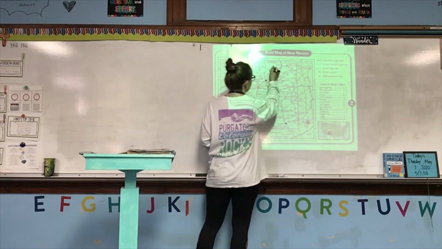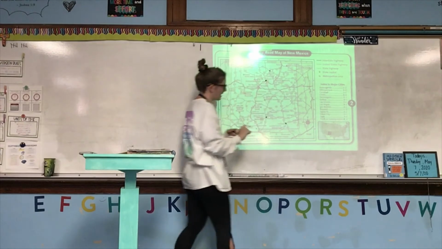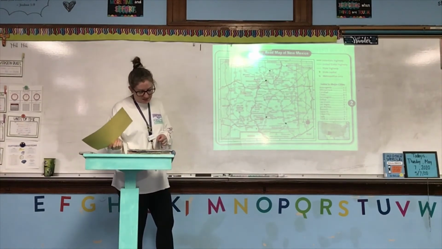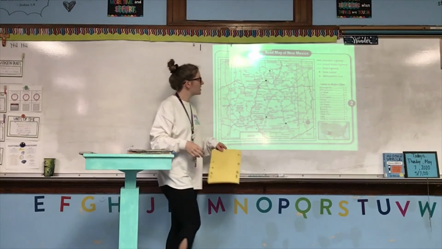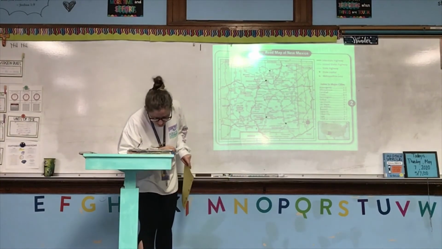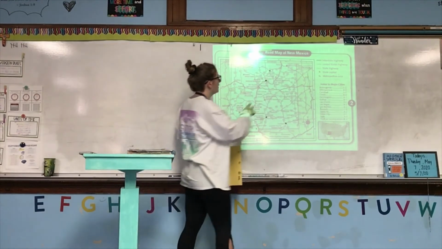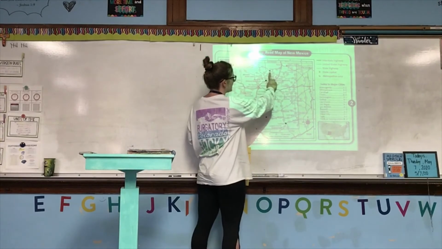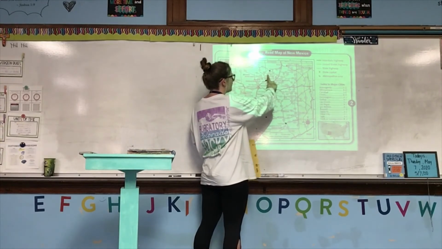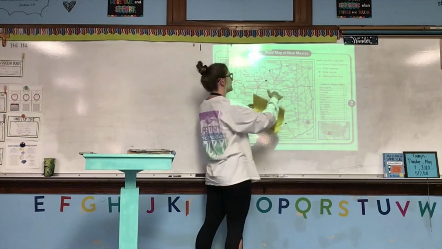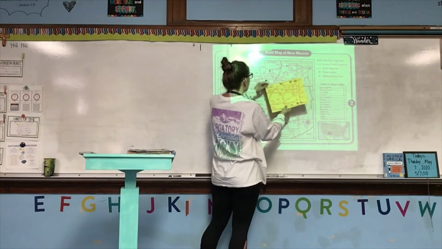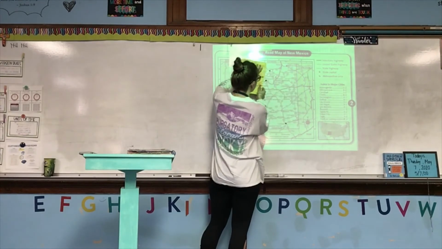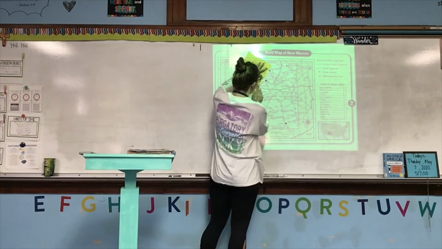Okay, so Taos is right there, and we want to figure out how many miles it is from Santa Fe to Taos. So first, we want to take State Highway 518 to State Highway 76 to Chimayo. So first, we are going to measure from Taos to Chimayo. So let's put the 0 miles at Taos.